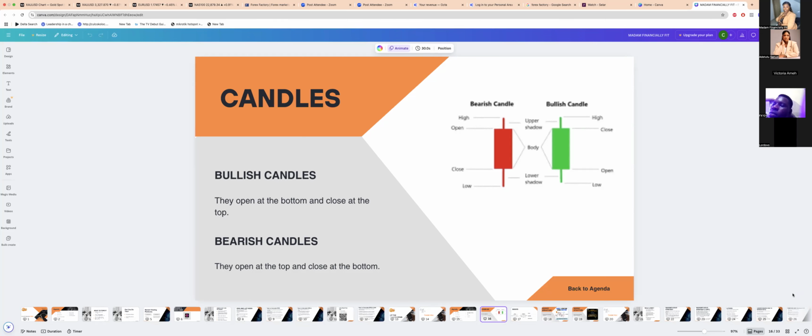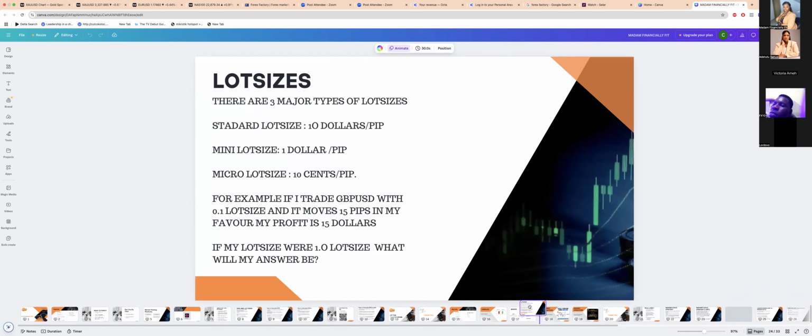So now we want to learn about the candles. Wait, wait, maybe you teach them this first. I'm just going to restructure this. Lot sizes. Okay, we've already done that. Yes, we did lot size yesterday. So we've done all that.